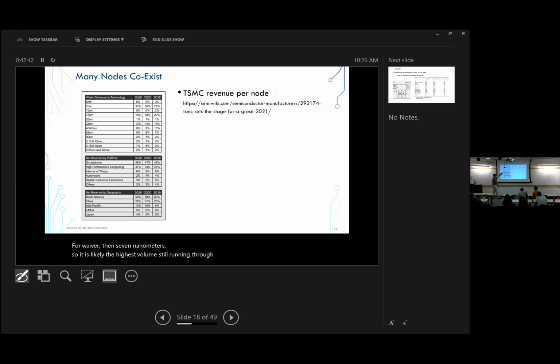But you can see more advanced nodes, where if you look at this system, volume manufacturing is just ramping up to 5 nanometers, which were the leading cell phones, essentially. But the most money will be made at 7 nanometers, which is where you would find volume. I think basically Apple and maybe Huawei were switching to 5 nanometers.